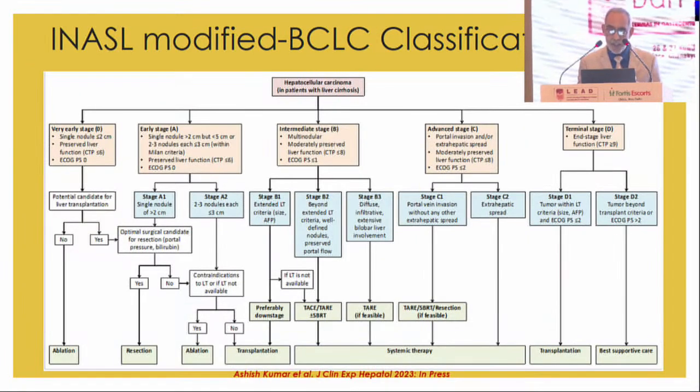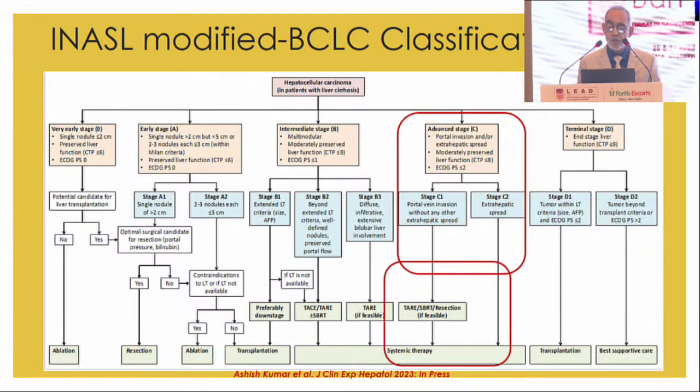I think Ashish has done a great job in modifying and improving the BCLC classification, splitting the advanced HCC group, that is C and D, D being the terminal ones, into C1, C2, D1, D2, and also introducing the concept of combining loco-regional therapy with systemic therapies in these advanced patients.